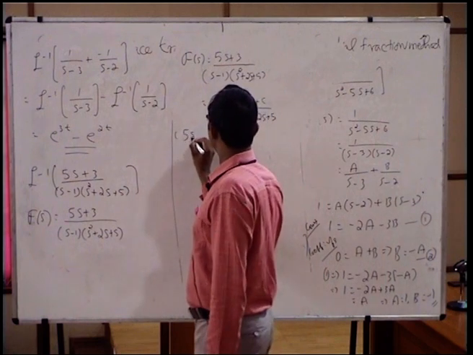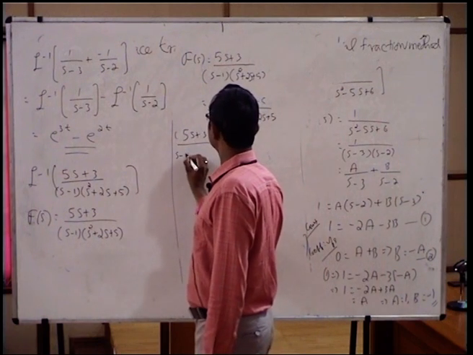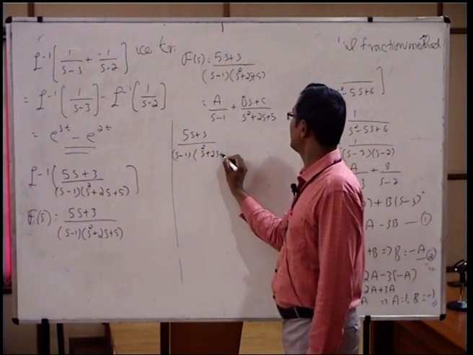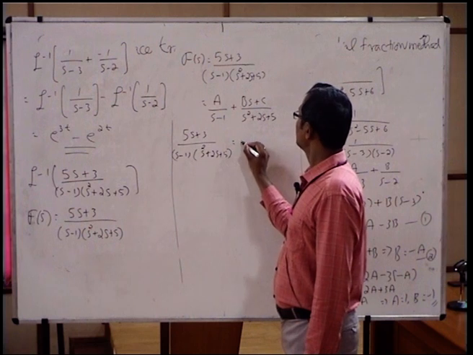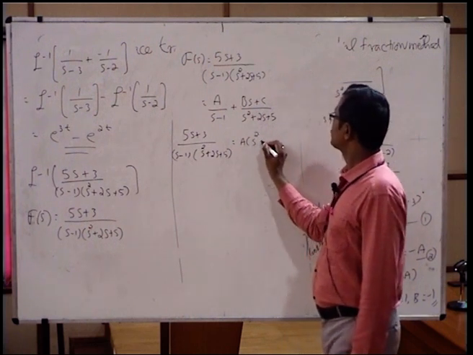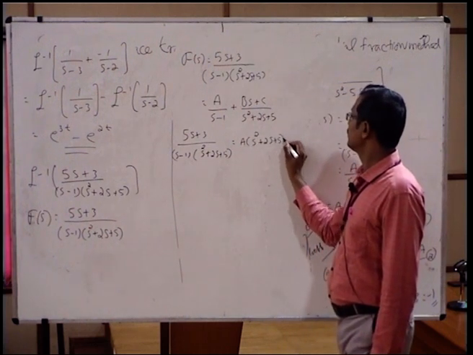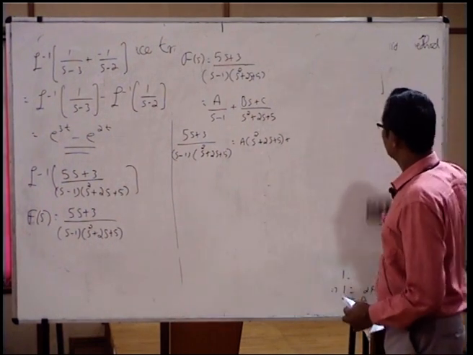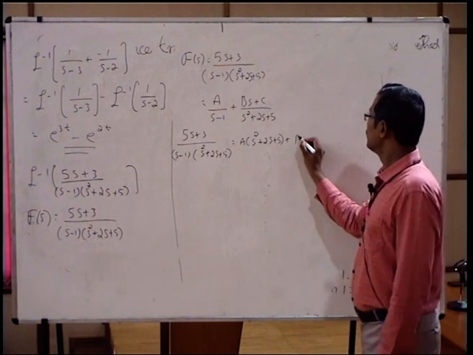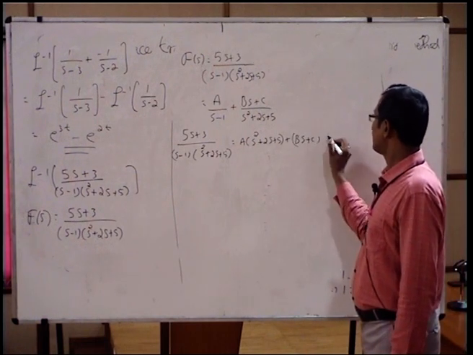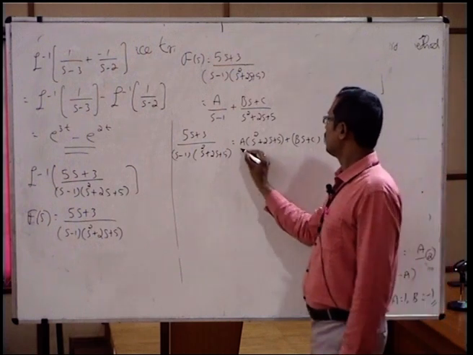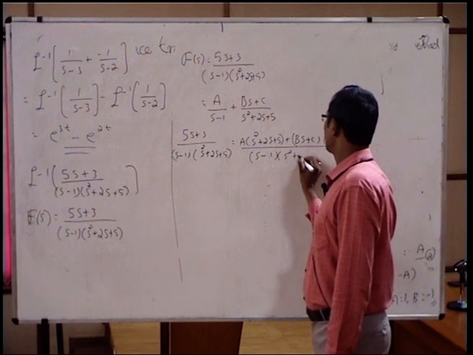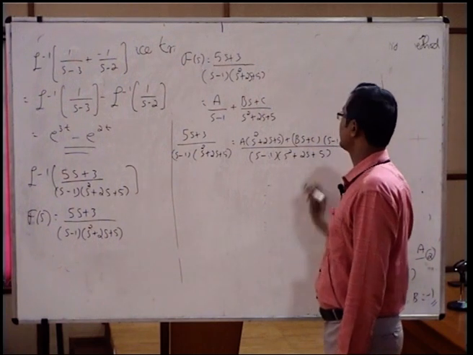So 5s plus 3 by s minus 1 into s square plus 2s plus 5 equal to a into s square plus 2s plus 5 plus bs plus c into s minus 1, whole divided by s minus 1 into s square plus 2s plus 5.